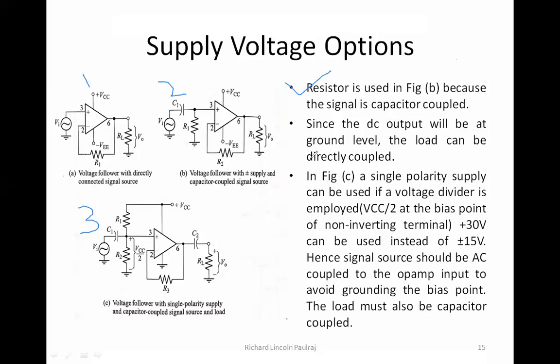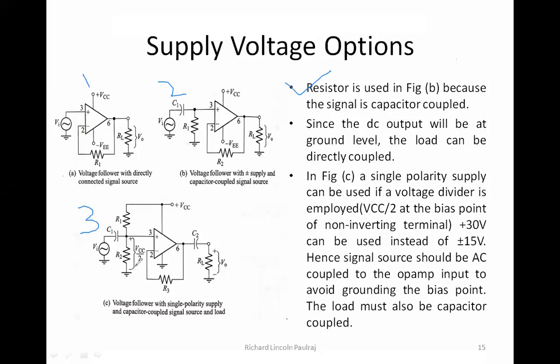Now we'll see the next configuration here. It's a little bit different. We are not using minus VEE. Usually minus VEE used to be connected, but here we are connecting it to the ground terminal, and plus VCC is used. We can use this kind of configuration if and only if we have the voltage divider circuit.